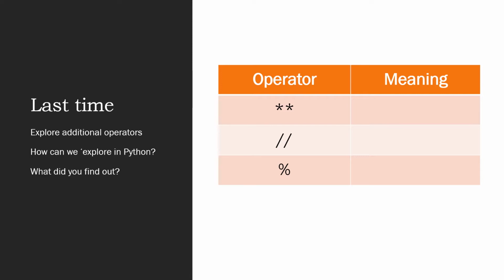So I might try 2 star star 3 or 10 double division sign 3 and see what results I get. Keep doing it until I start to get an idea, try out different values until I start to get an idea of what that operator does.